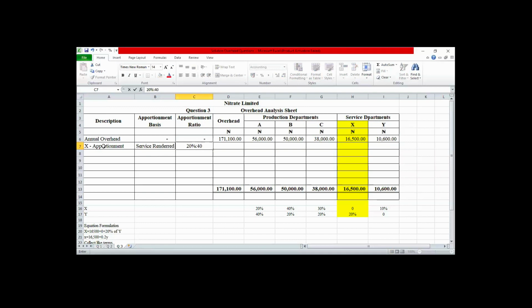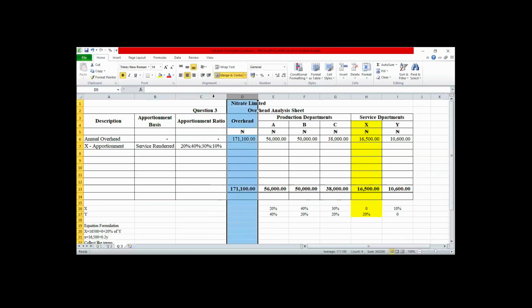40% ratio, 30% ratio, 10%. Is it clear? What is the figure we got for x? 19,000.